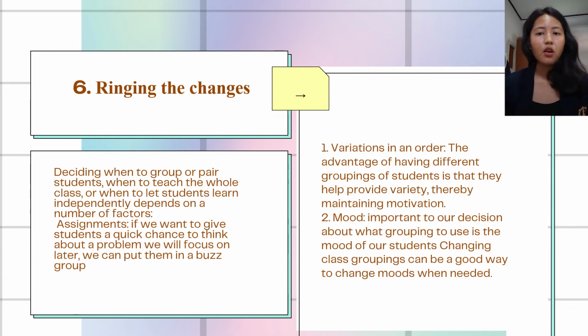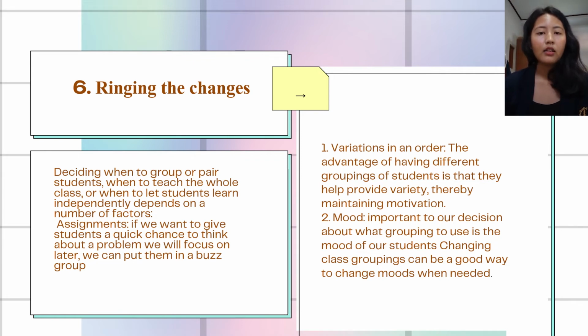Changing the grouping of a class can be a good way to change its mood when required. If they appear to have little to say or contribute in such a setting, we can put them in groups to give them a chance to re-engage with the lesson.